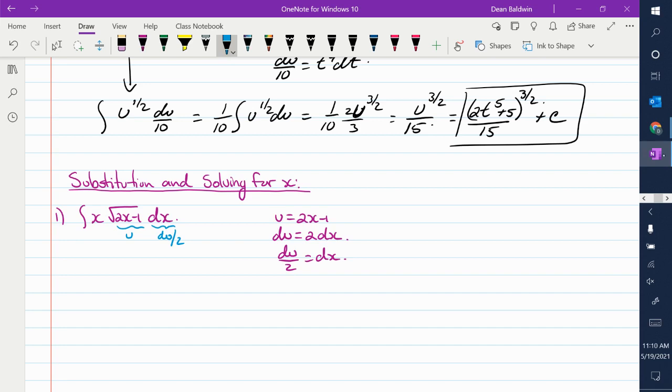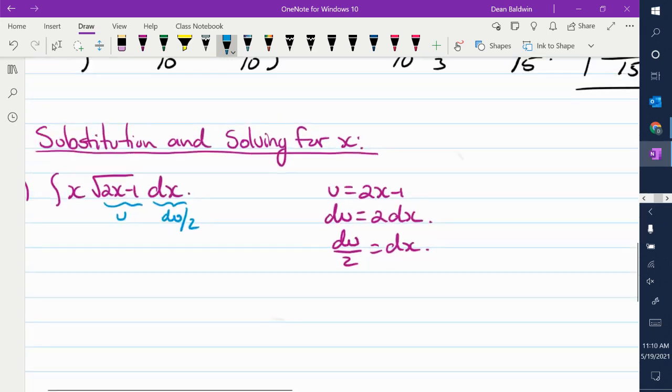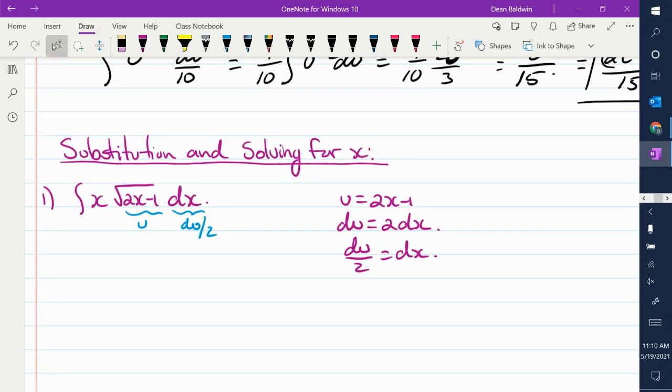Based on what we have over here. You can take this and solve for x. So if I move the 1 over and divide by 2, I get u plus 1 over 2 equals x. And now that can be subbed in. So this bit here is now u plus 1 over 2.